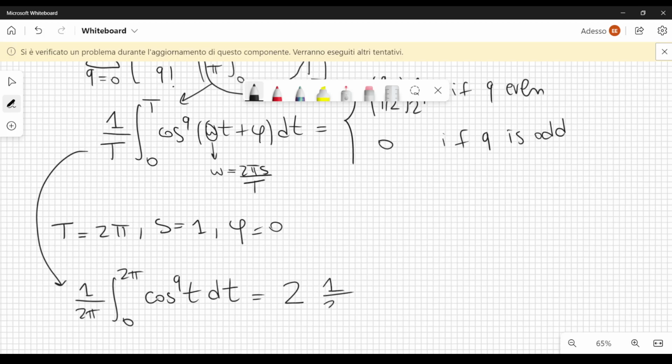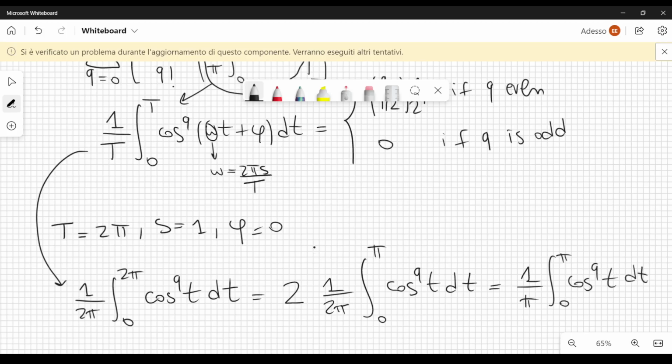Then here you have 1 over 2 pi, twice the integral from 0 to pi, because cosine of t to the power q is even, so cosine of t to the power q will be a non-negative quantity. Right? So I can write also this equality. This is 1 over pi, integral from 0 to pi, cosine to the power q of t dt. So I'm considering q even in this case.